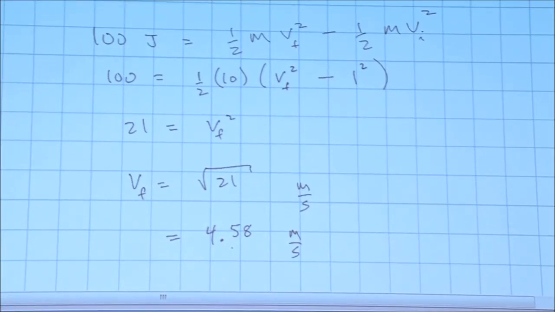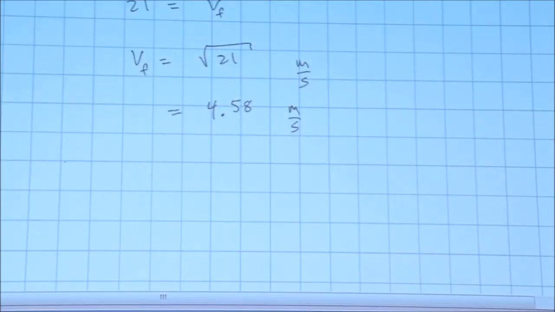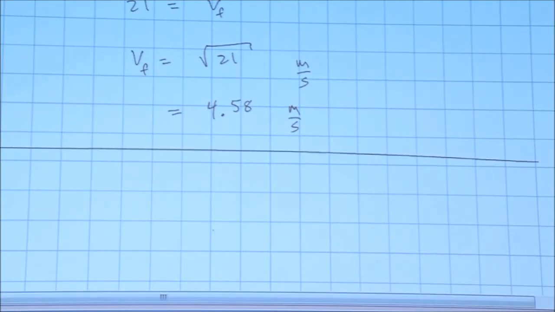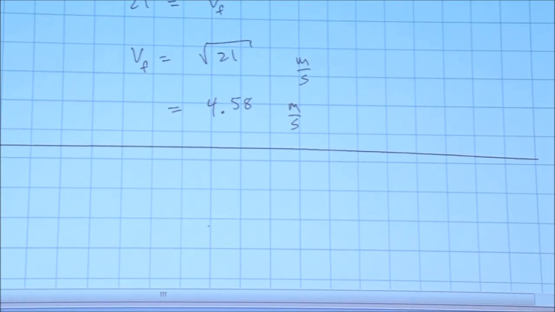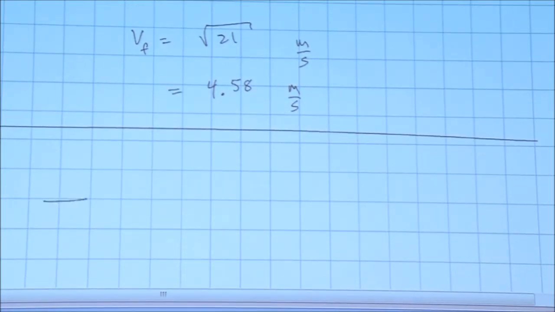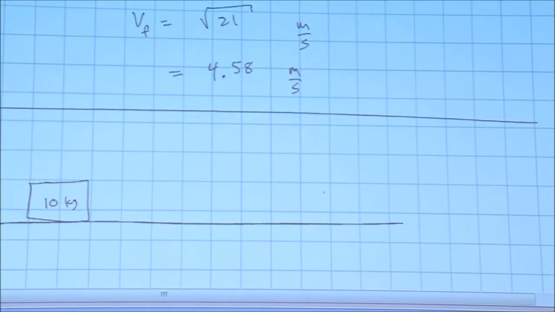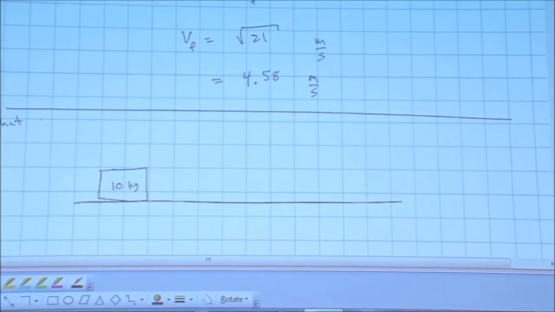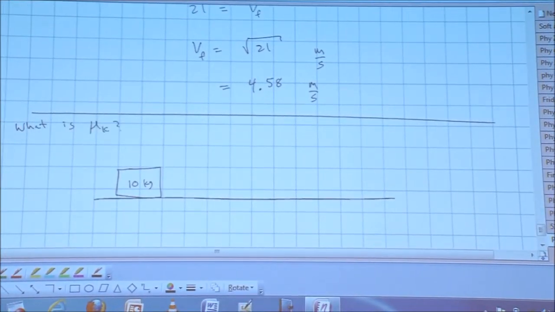Let's do the exact same push, same block, only on a surface that is not frictionless. And you're going to tell me what mu sub k is. So V initial, 1 meter per second, goes 5 meters.